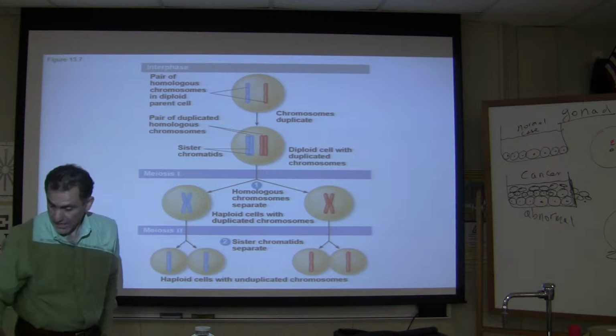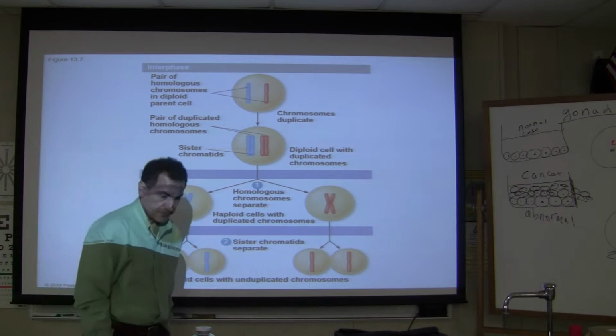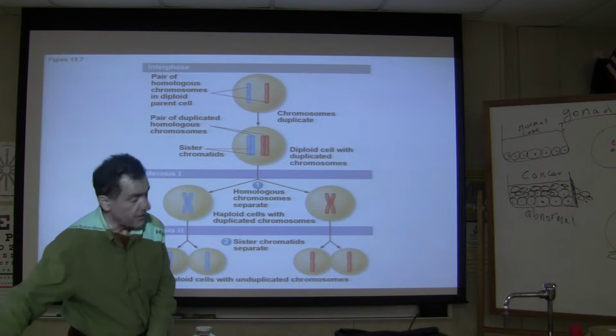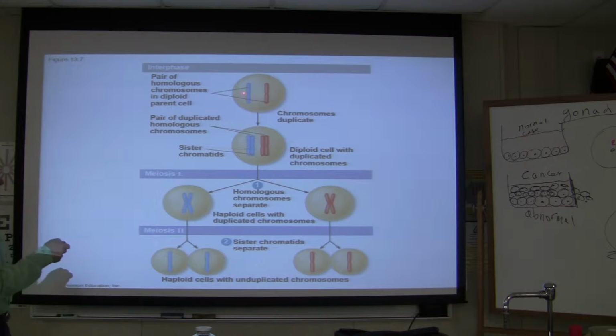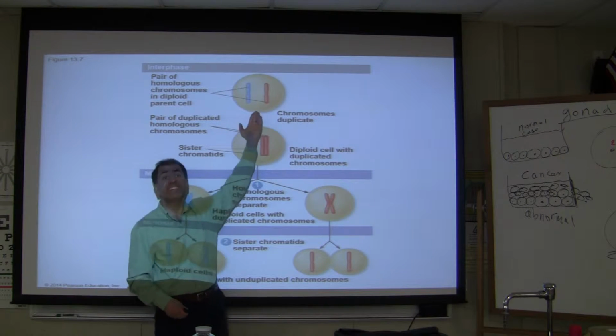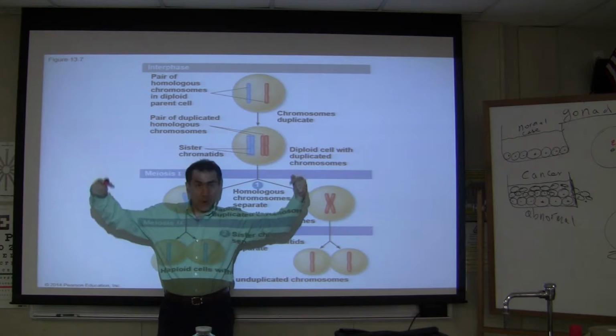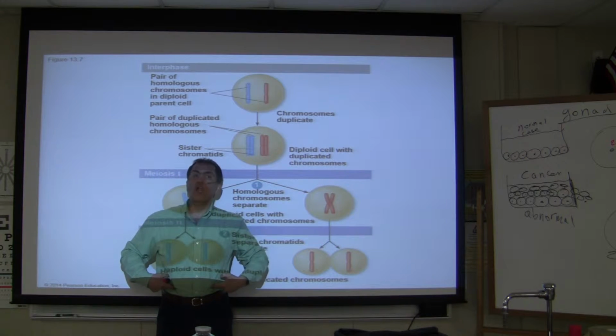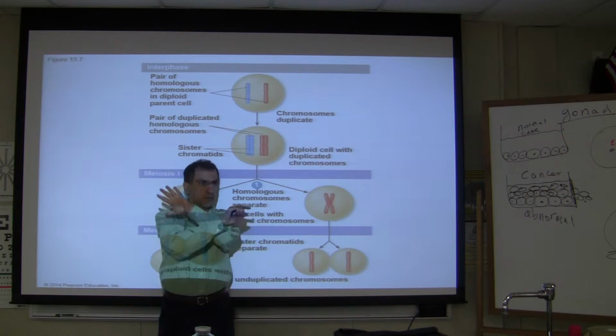Okay, so let's go over it. So you have a blue chromosome and a red chromosome inside of the cell. Again, this is occurring in the ovaries of the females or testes of the males. Period.